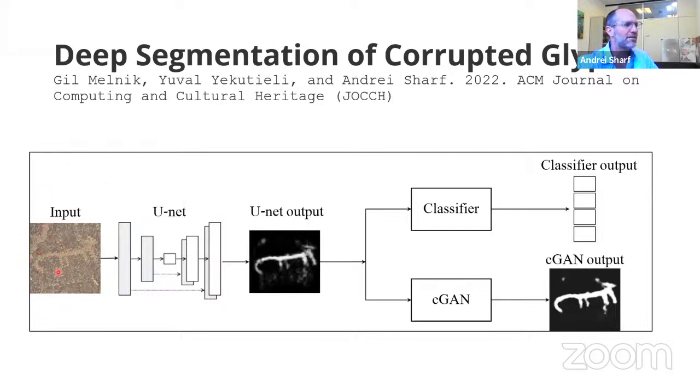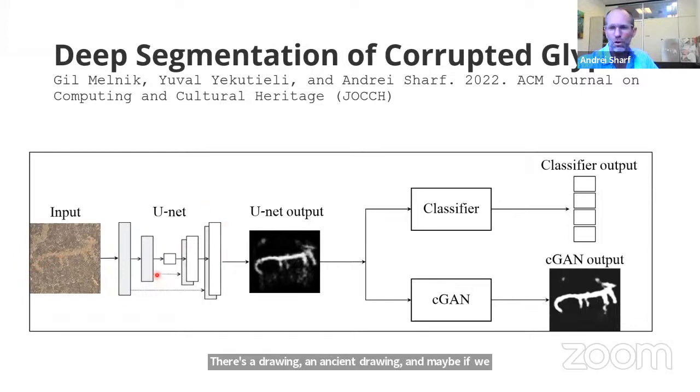Here you can see, for example, a photograph of a stone. On this stone, there's an ancient drawing. And maybe if we use some kind of knowledge from a learning process, we can help by providing some kind of segmentation.